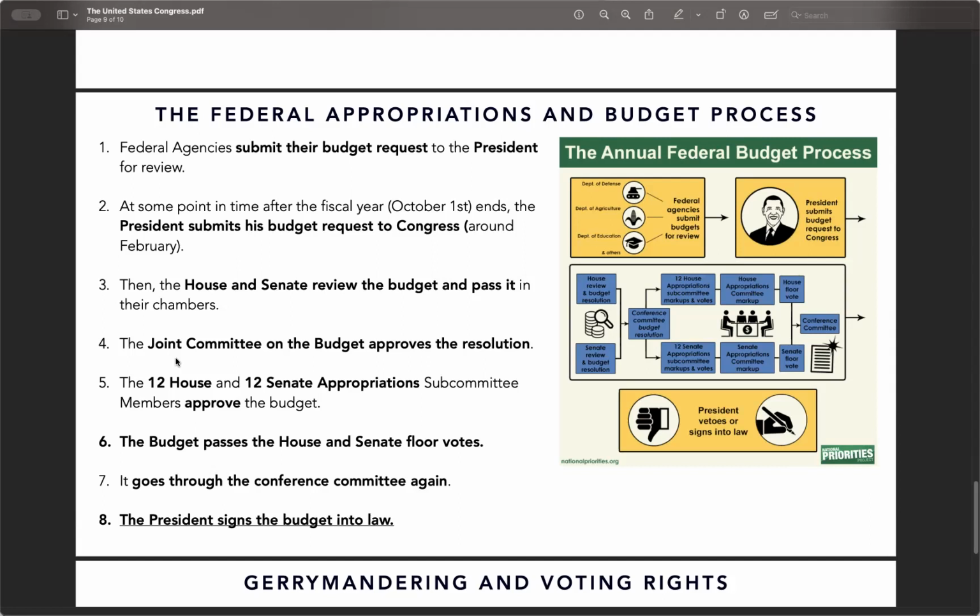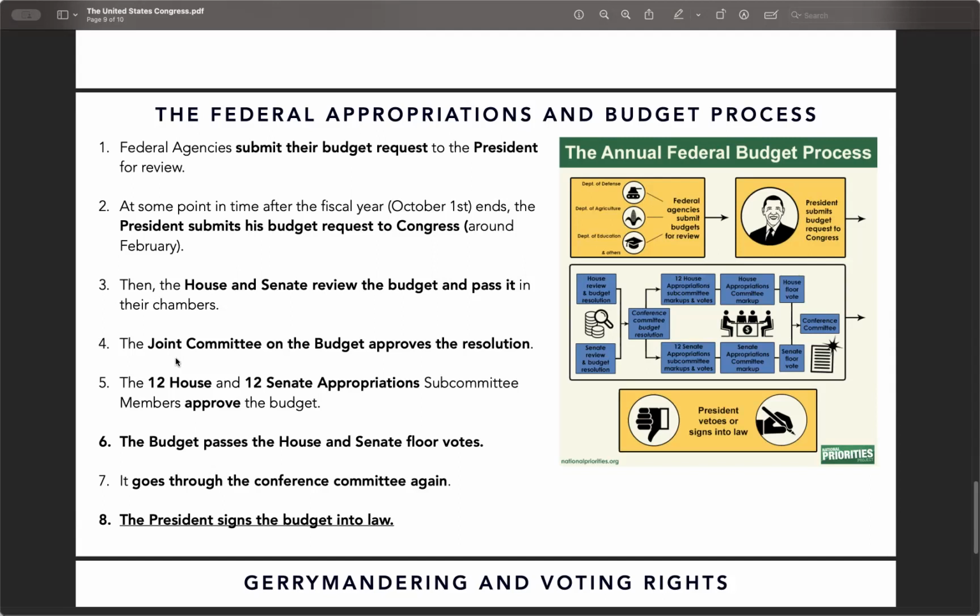Federal agencies submit their budget request to the president for review. That is, the federal agencies like the Department of Defense or State will tell the president how much they need. Then the president will submit his budget requests to Congress, typically around February after the fiscal year ends. Then the House and Senate will have to review the budget and pass it.